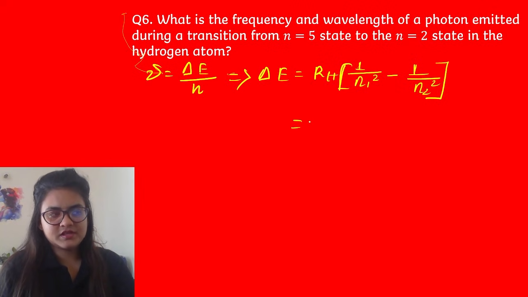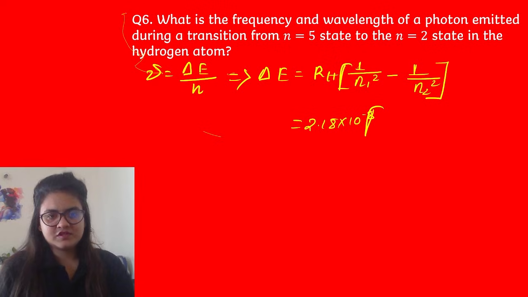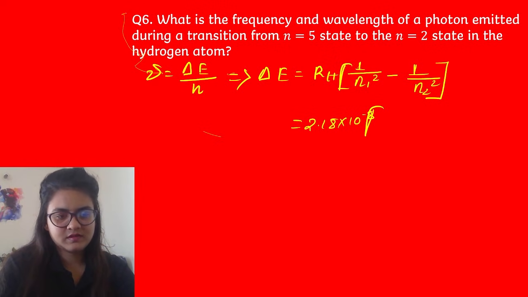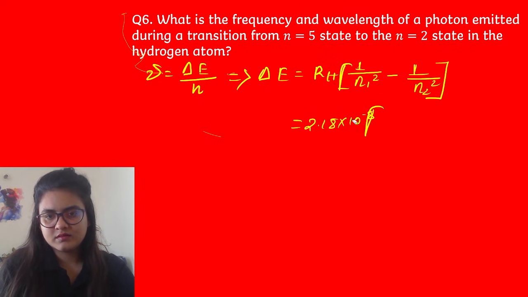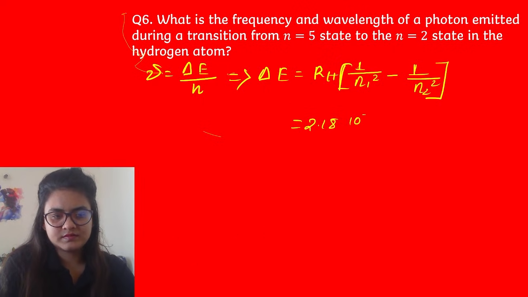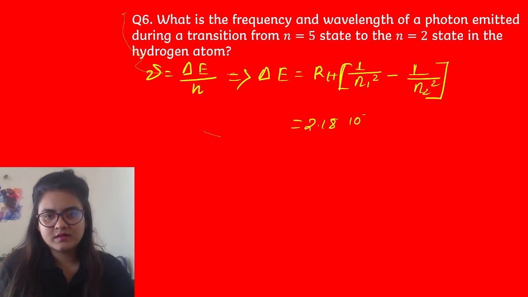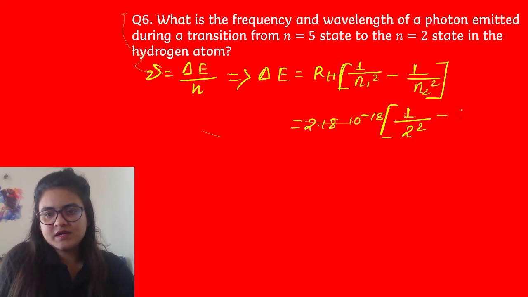Rydberg's constant value is 2.18 into 10 power minus 18, into 1 by 2 square minus 1 by 5 square.